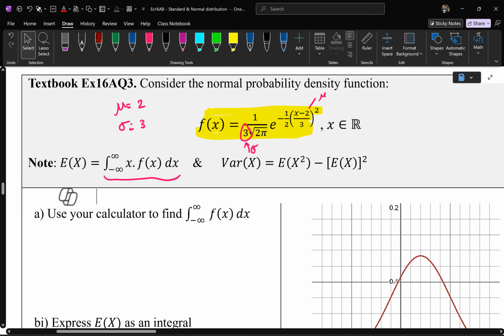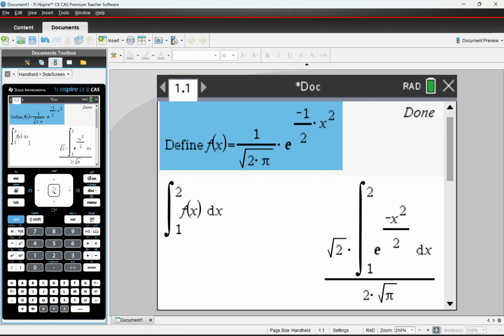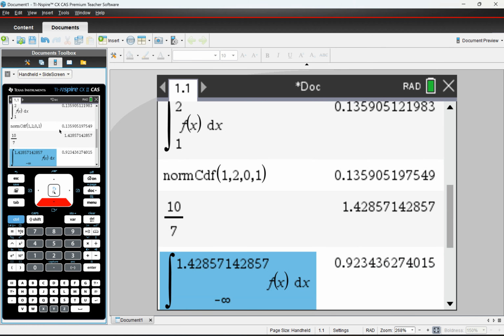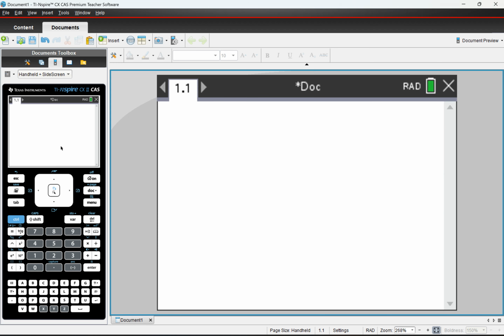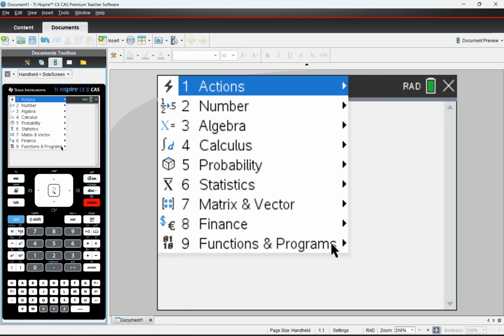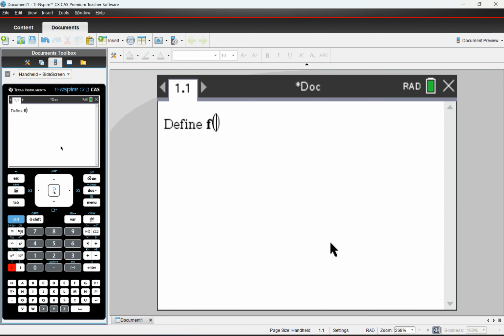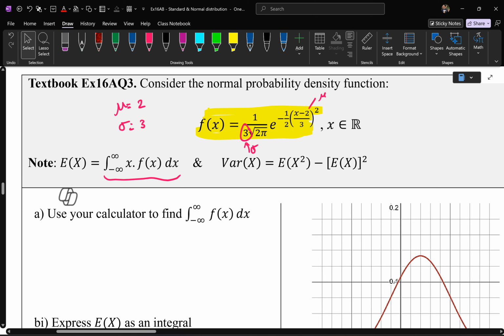They're asking you to use your calculator to find the area of f of x, which should be 1, but let's show it. So here we go. I'm just going to delete all of this. You have two ways to do it. You can define the function, which I'll probably do, or you can do norm CDF, and it would have been the same. You just change the mean and standard deviation. So here we go. I'm going to define the function. I've got f of x is equal to, what was it again? 1 over 3 times the square root of 2 pi, was it?